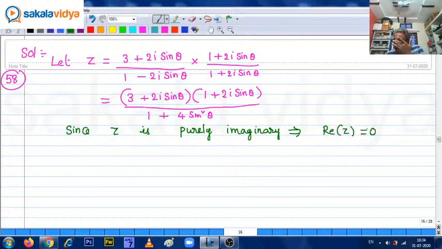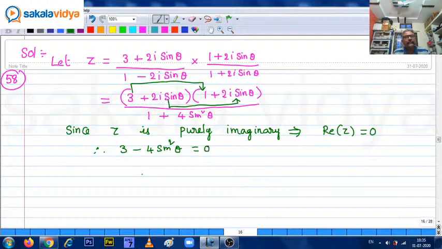Let us pick up the real part of z. 3 into 1 gives 3, and 2i sin theta into 2i sin theta gives 4i square sin square theta, which is also real. I square is minus 1, so 3 minus 4 sin square theta upon the denominator. The real part is 0, so by cross multiplication, 4 sin square theta equals 3.